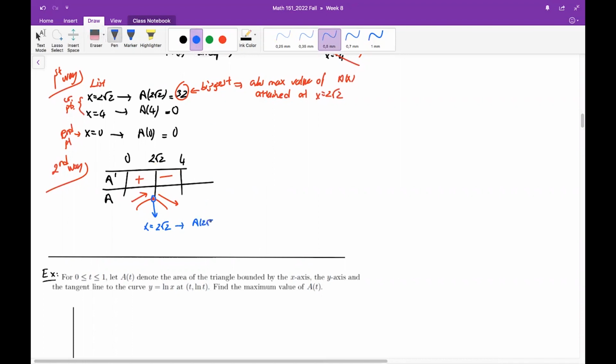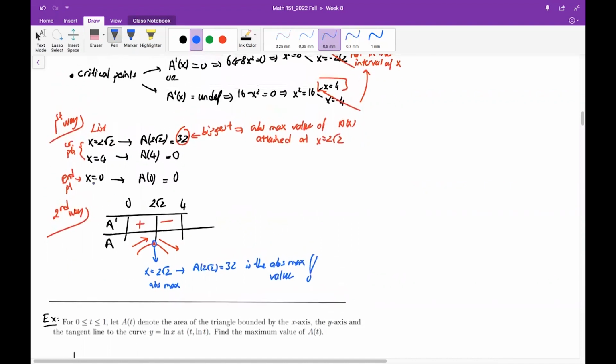Okay, A of 2 square root 2, which is 32, is the absolute maximum value. You may either create a list of critical points plus endpoints, evaluate your function at all those points and choose the biggest, or you may construct a sign table like this.